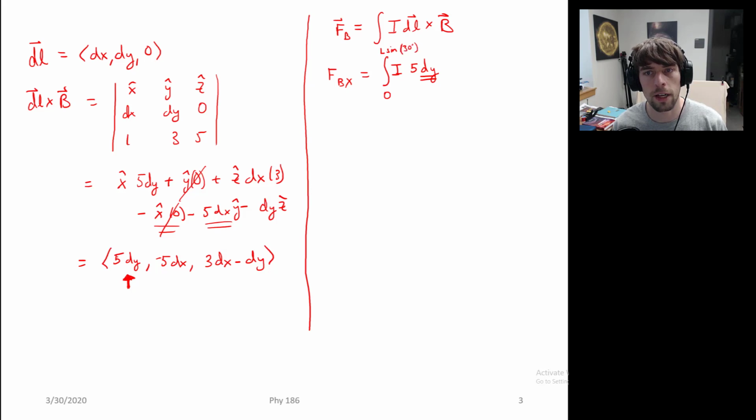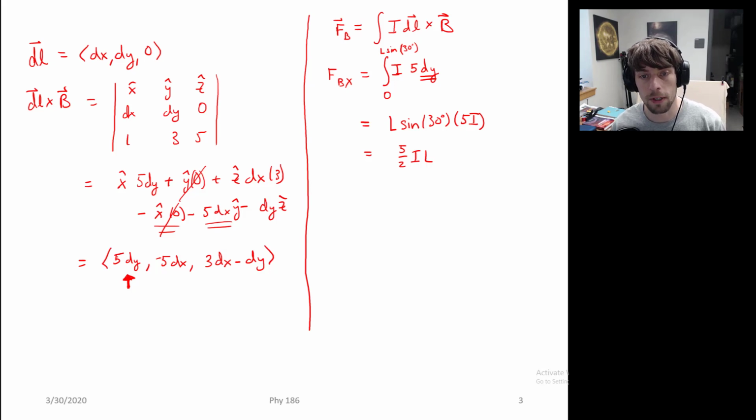I don't go from 0 to L. I go to L sine of 30 degrees. So this first integral gives us L times sine of 30 degrees times 5I. Well, sine of 30 is just 1/2. So I get 5/2 I times L.